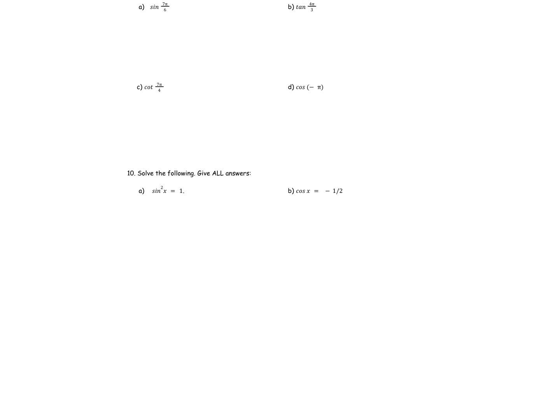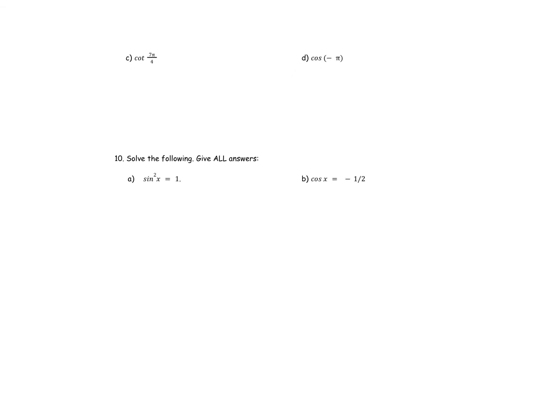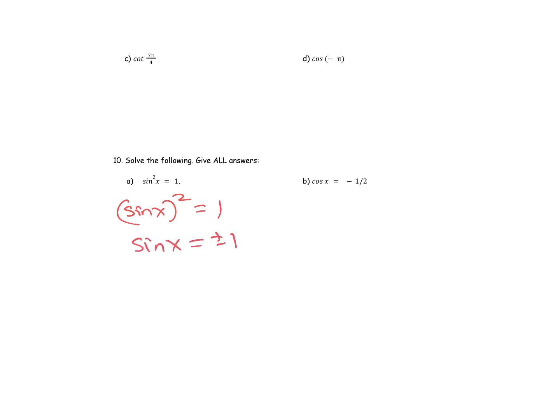Okay, so this is number 10 here, as I just said. So remember for part A here, sine squared x just means sine of x squared equals 1. So to solve for something squared, you're taking the square root of both sides, but plus or minus. So thinking about where sine is positive or negative 1.